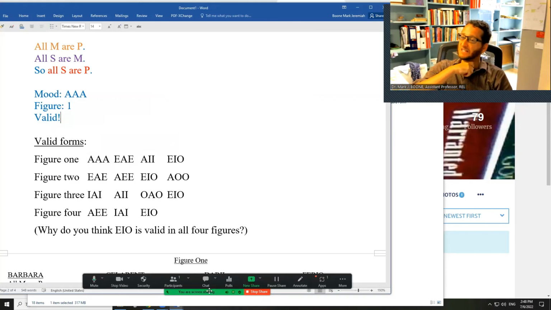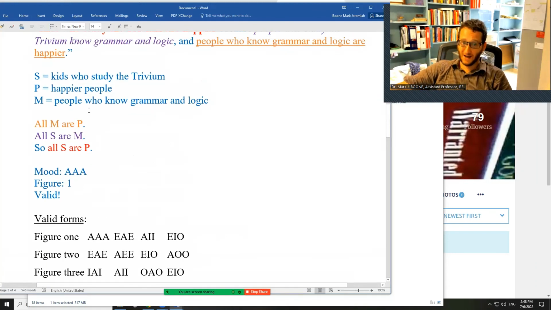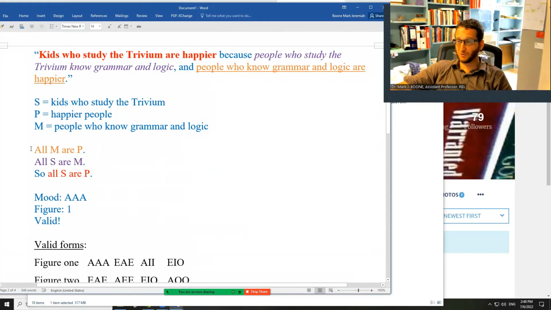Now, your logic teacher, if you're taking a class, may have particular preferences. Maybe the teacher wants you to write it out the way I'm advising you not to: all people who know grammar and logic are happier people, all kids who study the trivium are people who know grammar and logic, and all kids who study the trivium are happier people.